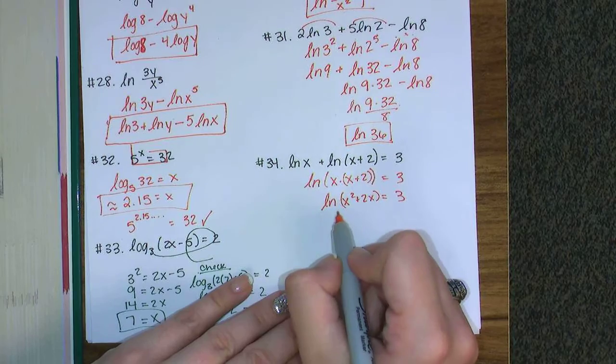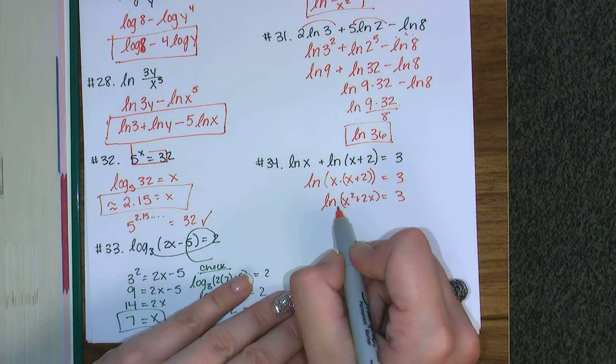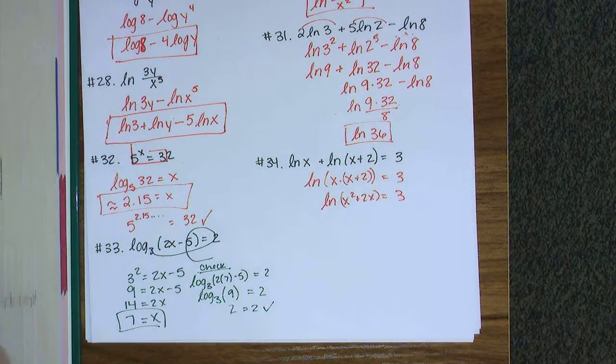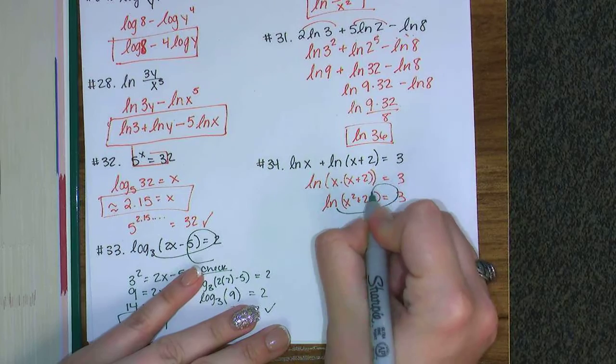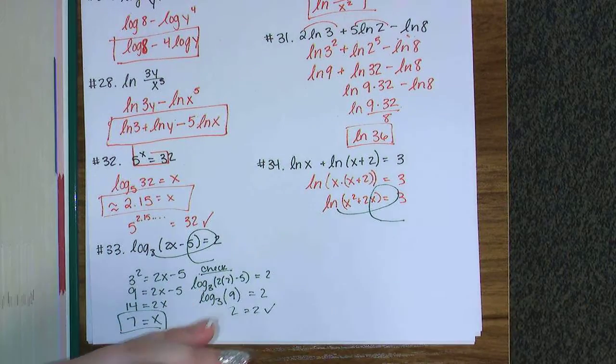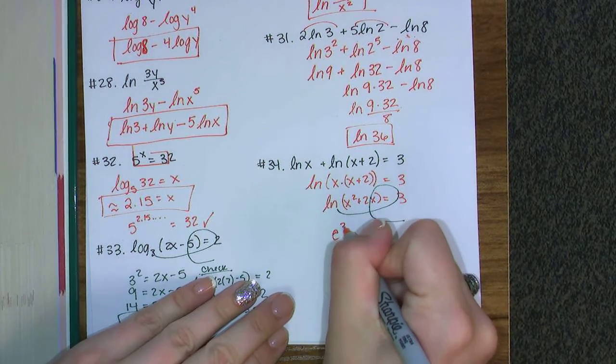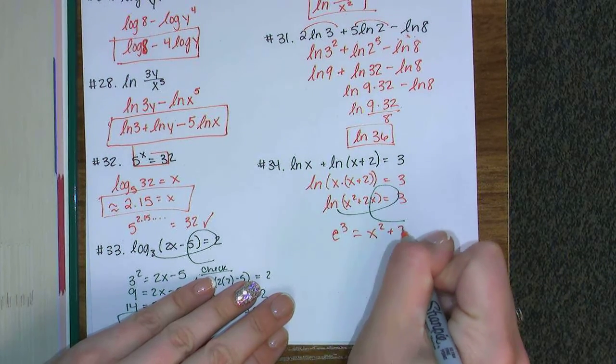Now, this is log base e, so when I make my e here, e to the 3 is equal to this. So e to the 3 is equal to x squared plus 2x.